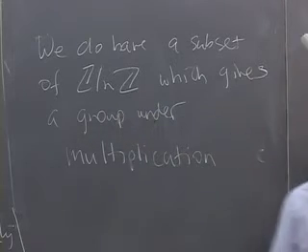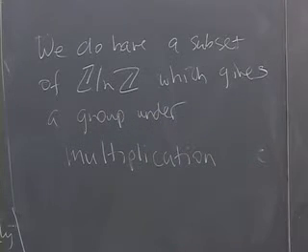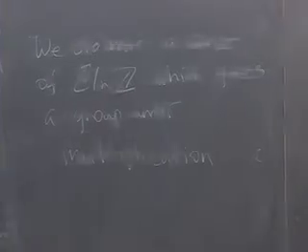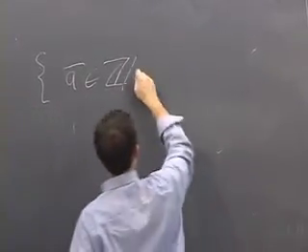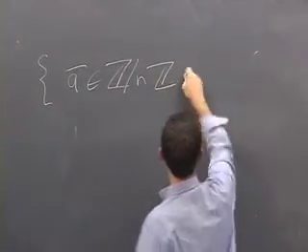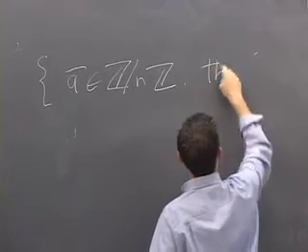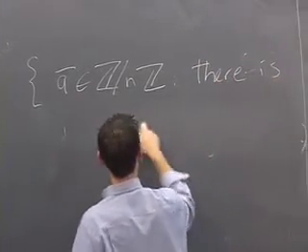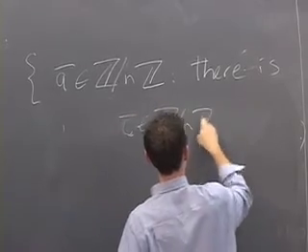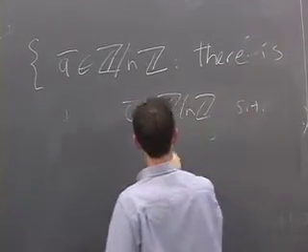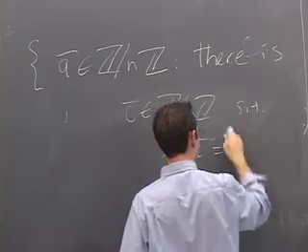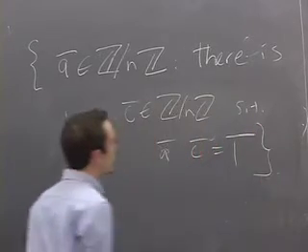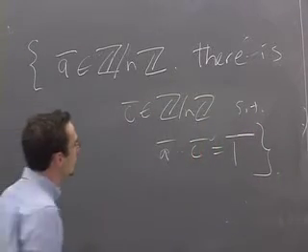Explicitly, the set of things that have inverses: the a bar in Z mod nZ such that there is c bar in Z mod nZ such that a bar times c bar is 1 bar.